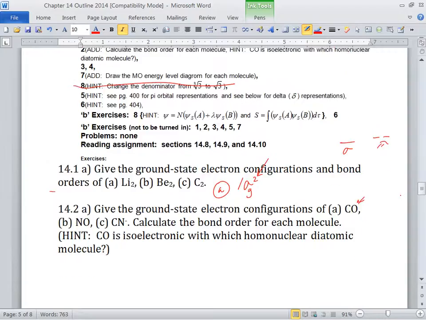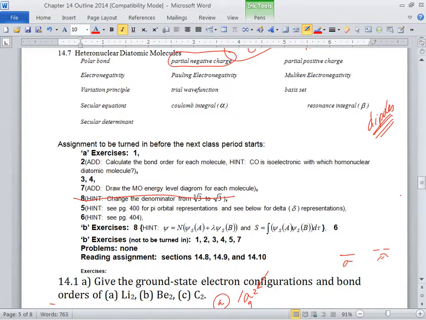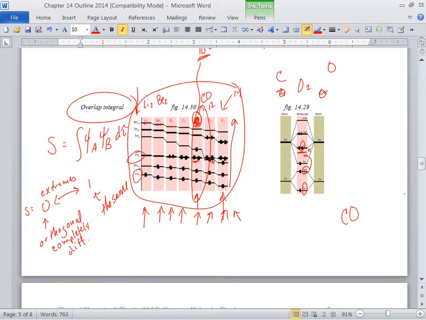So back to number 2, when we're doing the configuration for an 11-electron species. Oh, you know what you do? 11 is isoelectronic. Okay, now what has 10? Nitrogen. 10 is nitrogen. What is isoelectronic with N2 minus?